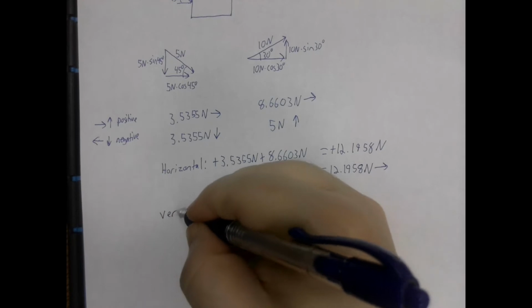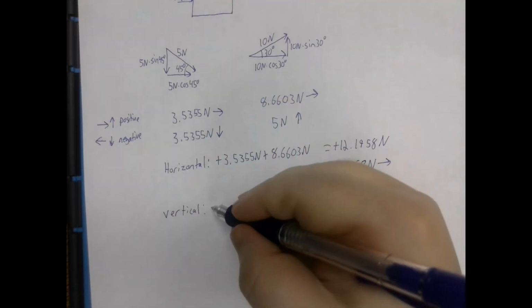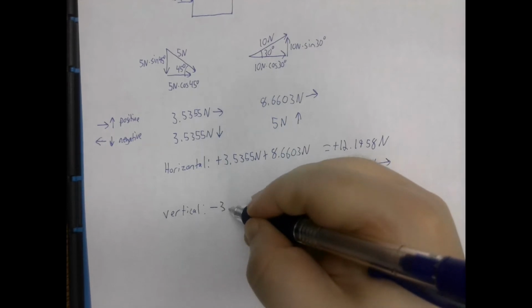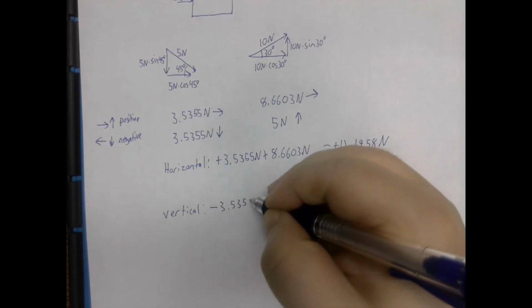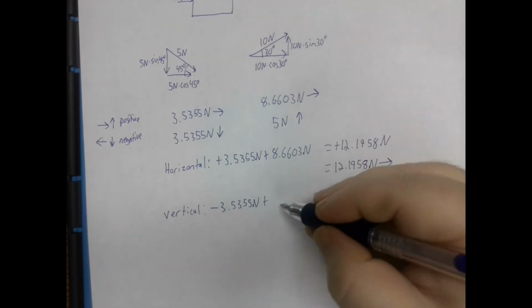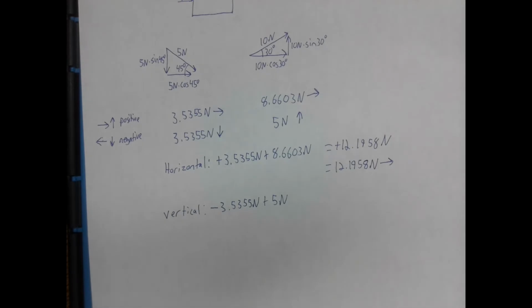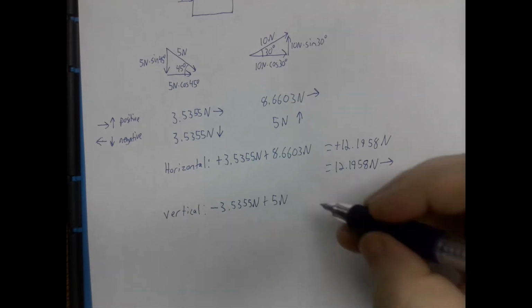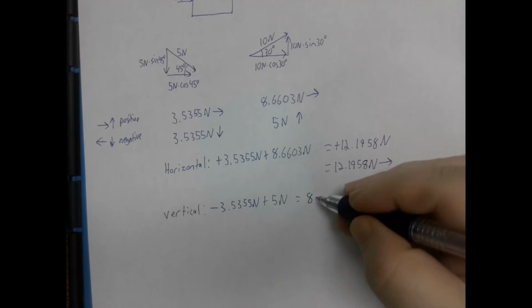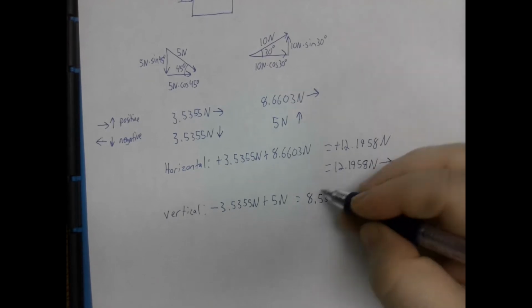Now we look at the vertical component. This is down, so it would be negative 3.5355 newtons, plus up is positive, so we plug in 5. So that would equal 8.5355 newtons.